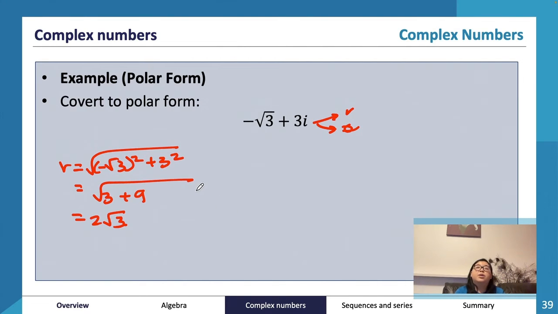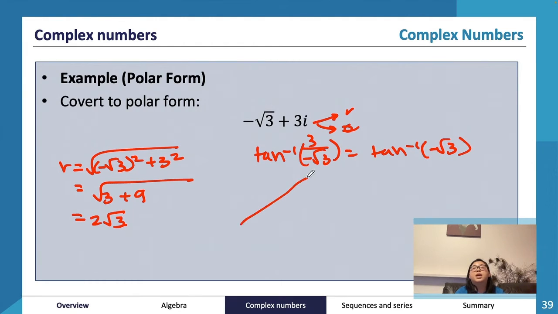Alright. Then we try to find the other part of it now. Tan inverse of 3 over negative root 3 is the tan inverse of negative root 3. We think of when tan is equivalent to negative root 3 and build up our triangle. So we want the root 3, 1, 2 triangle, and it's opposite over adjacent, so we must be looking at this angle up here, pi on 3. So we're going to consider this as our pi on 3 angle.